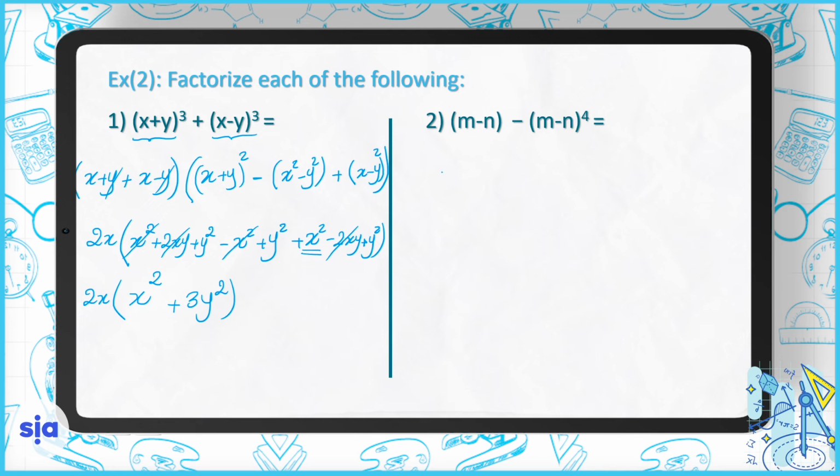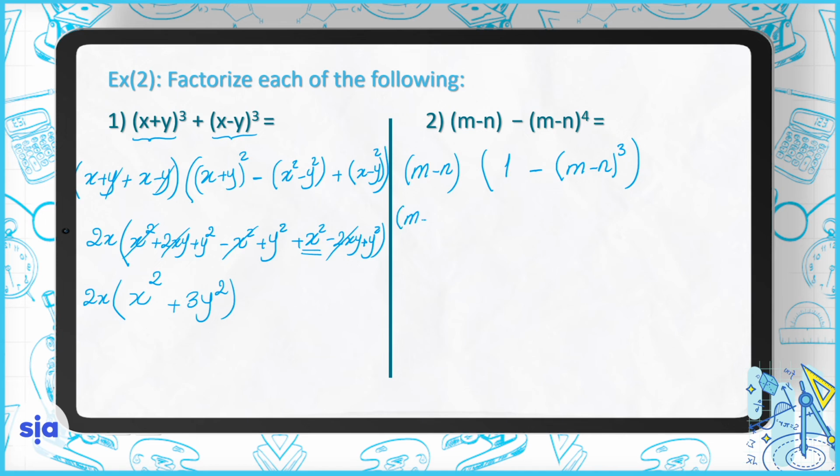Question 2. m minus n all power 4. If I have m minus n, I can take it as a common factor. So here we have m minus n as a common factor. What's left here is 1 minus m minus n all to the power of 3. Let's simplify the second binomial.